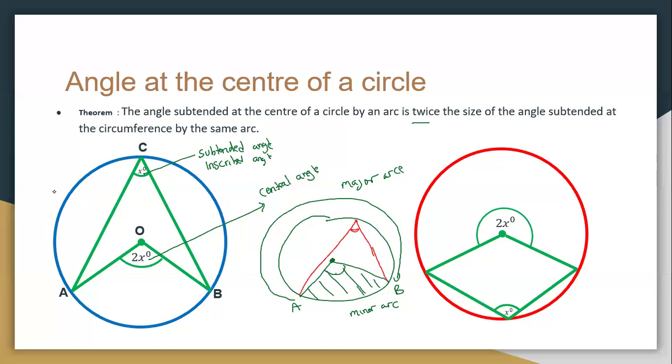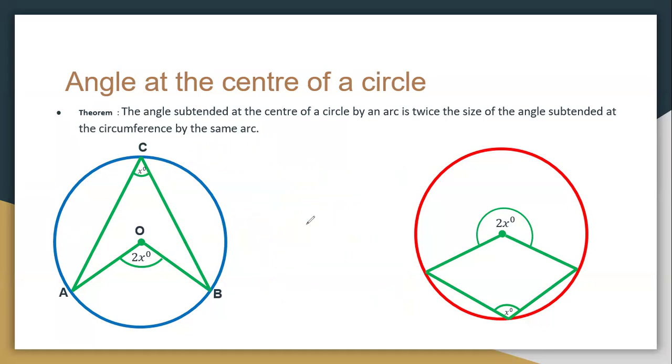Even when I draw from B like this, the angle I form here is also half the angle at the center. As long as those angles are on the major arc and come from the same arc AB, they are always half the angle you have at the center. And that is the first theorem that we need to know.